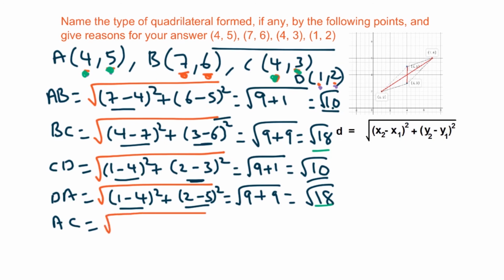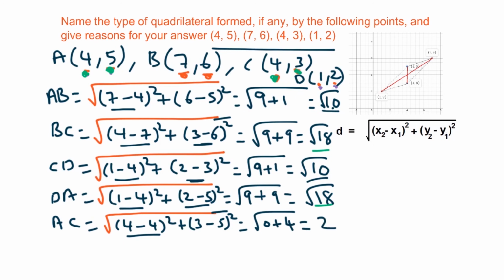So square root of x2 minus x1, which is 4 minus 4 whole square, plus y2 minus y1, which is 3 minus 5 whole square. 4 minus 4 is 0, 0 square is 0, and 3 minus 5 is minus 2, square is 4. So square root of 4, which is 2.